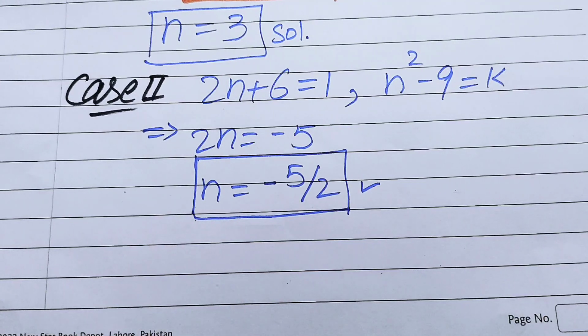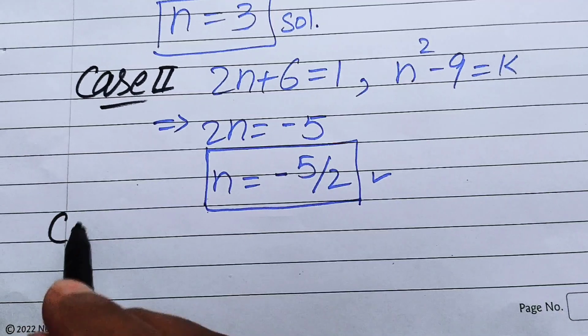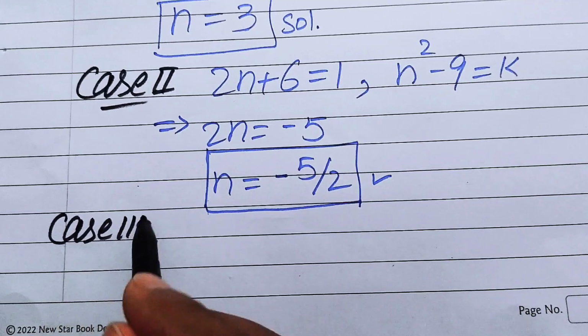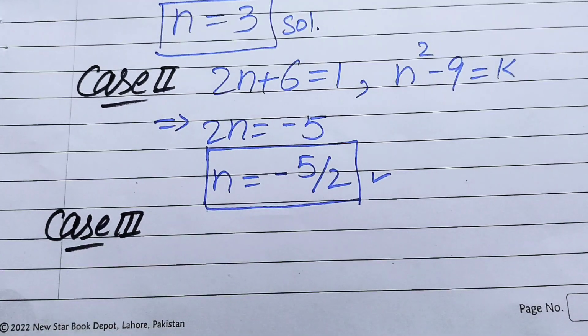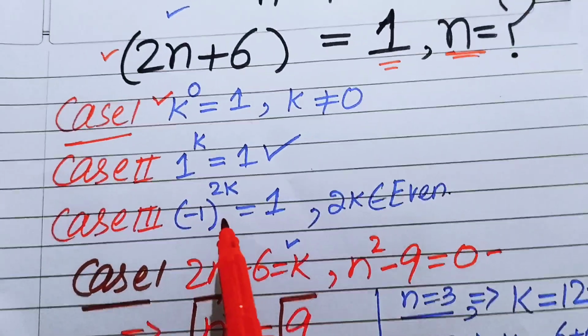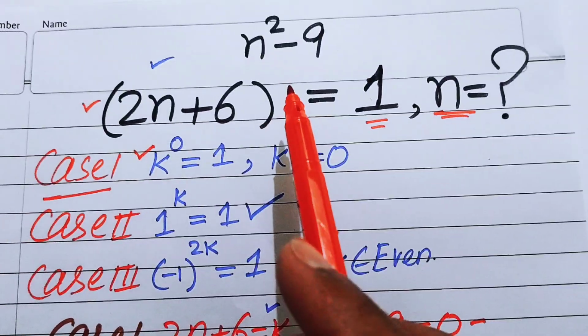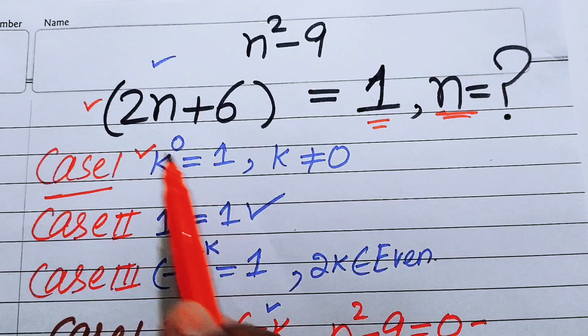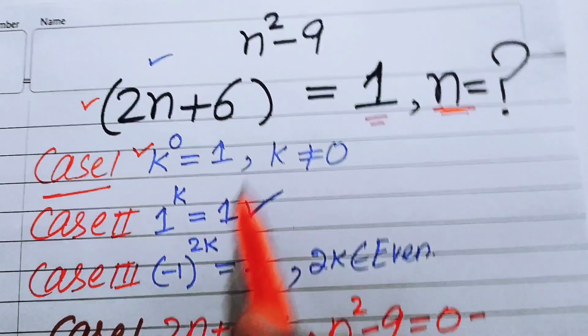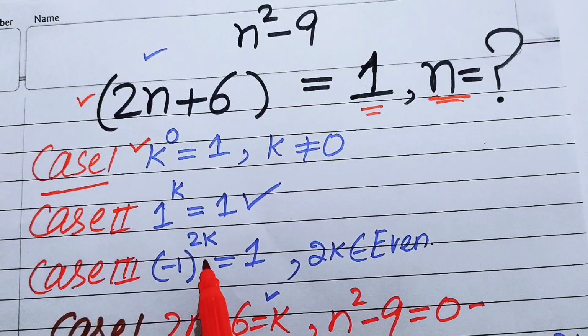And now we move towards the third case. In the third case, we compare the left hand side of the third case to the left hand side of the given question statement. So here this is our third case, and this is the given question statement. In this case we have 2n plus 6 equals minus 1, and n square minus 9 equals 2k.